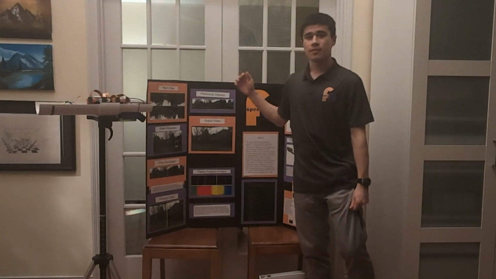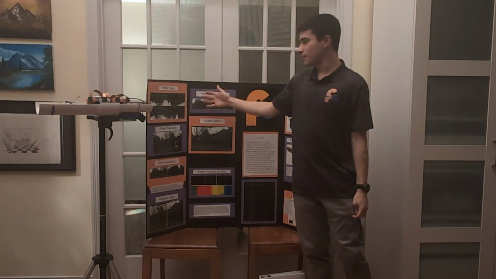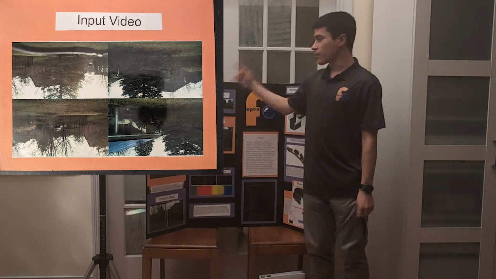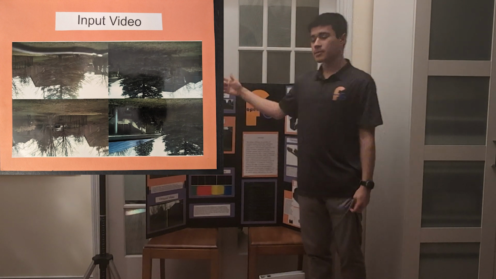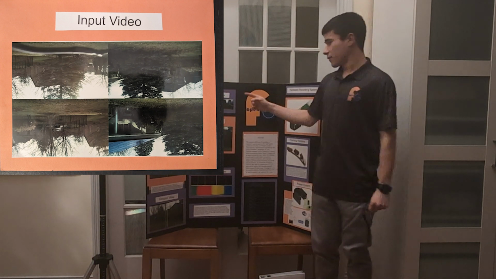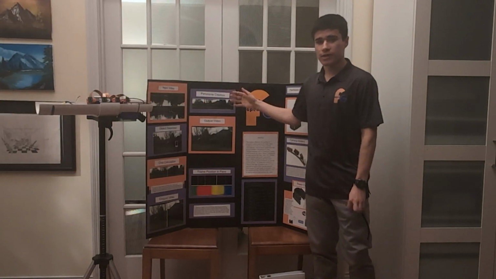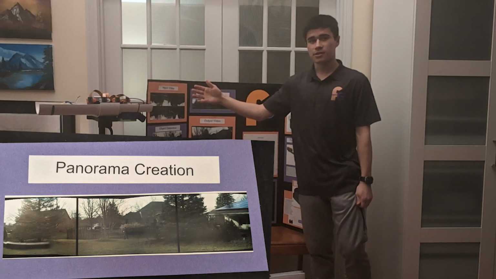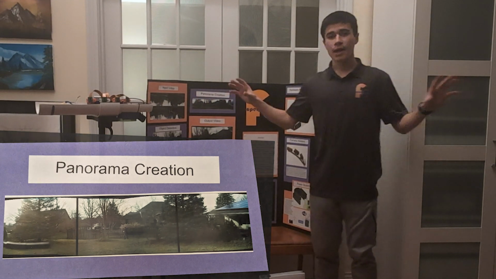Starting off with the software, I get an input video that contains four different cameras. And with these four different inputs, I'm able to do two things. The first thing is that I create a panorama, which uses the overlap from the cameras to create a really wide picture.